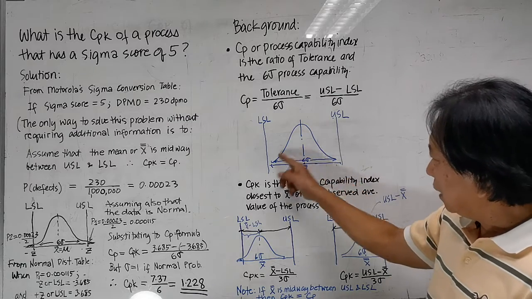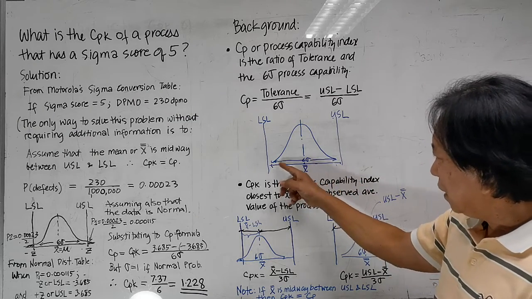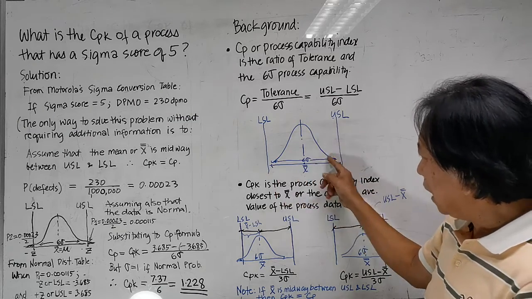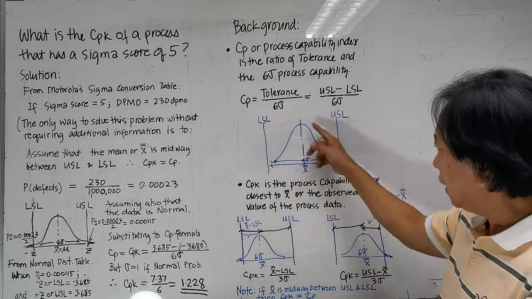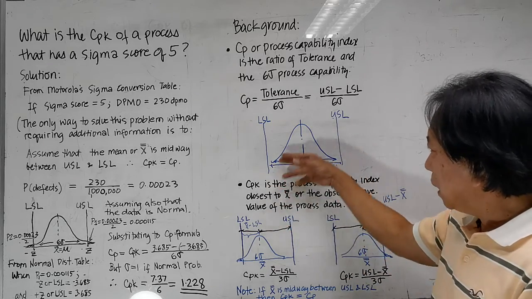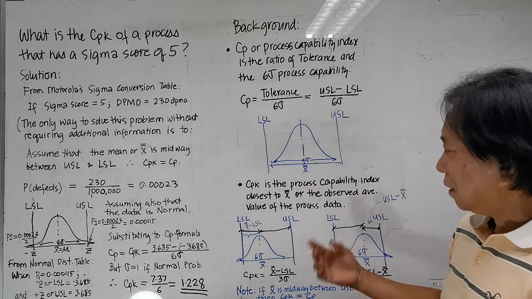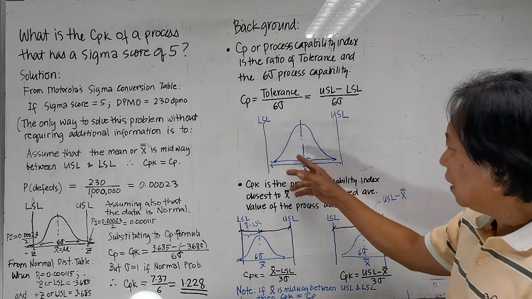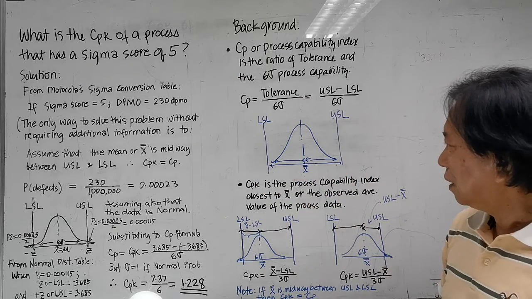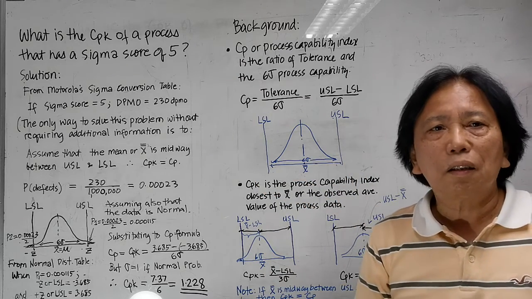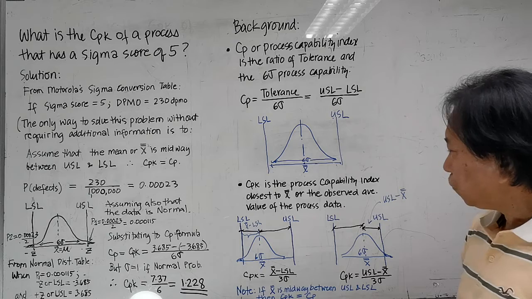So you'll notice that in the middle, this is the bell-shaped curve of the normal probability, a normal curve of the data. So we are assuming that the data is normal or follows the normal probability distribution.